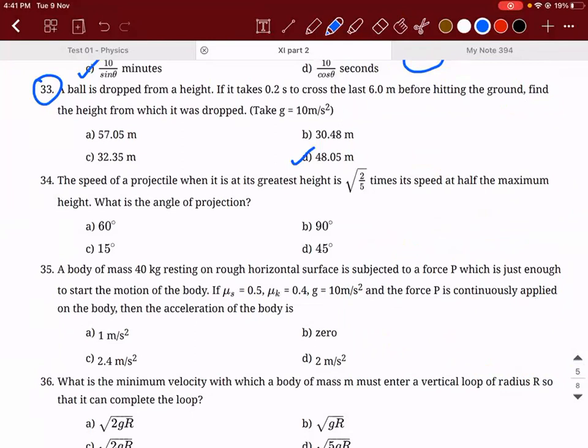So the speed of a projectile when it is at its greatest height is root of 2 by 5 times the speed at half of the maximum height. At the highest point, the speed is u cos theta.